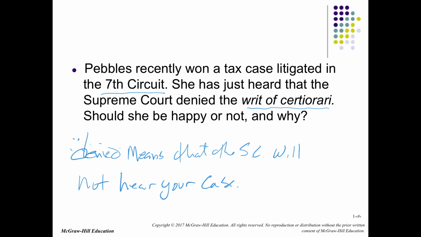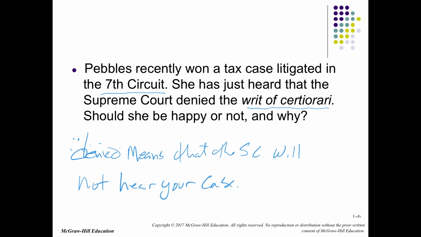Okay, so if the Supreme Court had issued a writ of certiorari, that would mean that they were going to hear that case, and the IRS was going to get to have the Supreme Court decide that case.